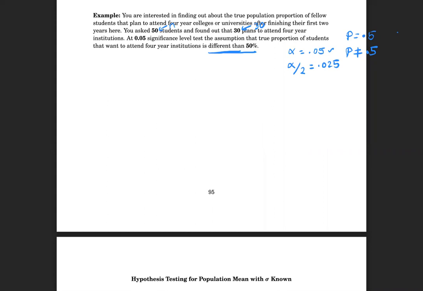So your null hypothesis, this is your H naught, and this is your H sub A. Number one, assumptions, the normality condition, making sure that the distribution of sample proportions is bell-shaped. The way you do it is NP is greater than or equal to 10.